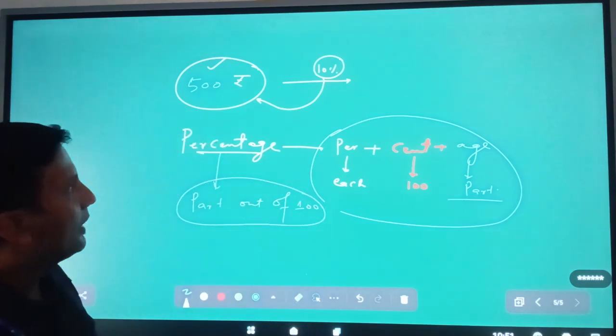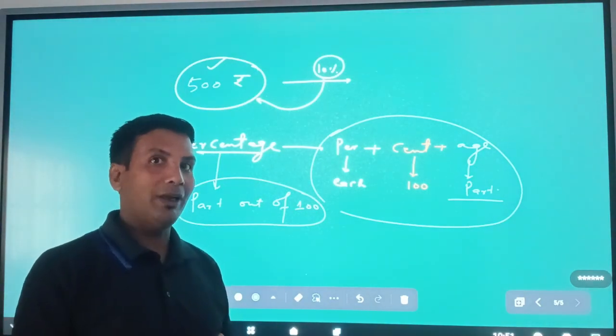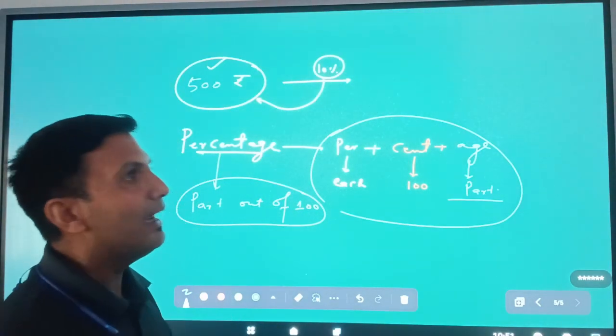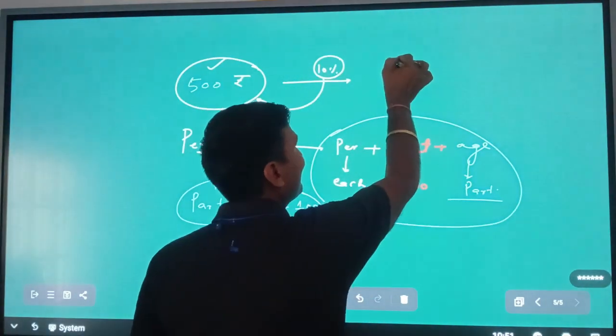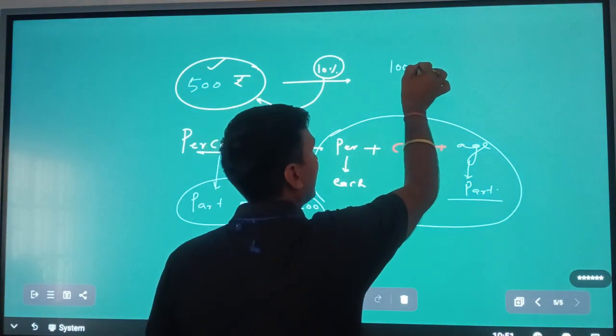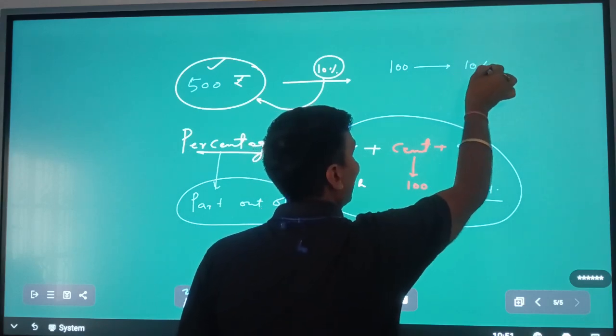So suppose I want to charge 10% on what I have invested. It means if I would have bought that article for rupees 100, then I would have to charge 10 rupees extra.